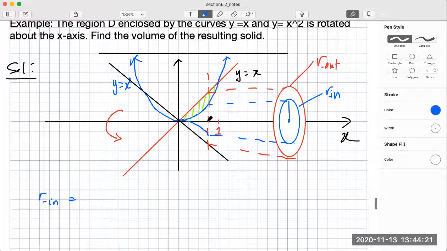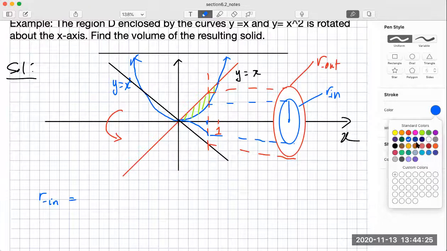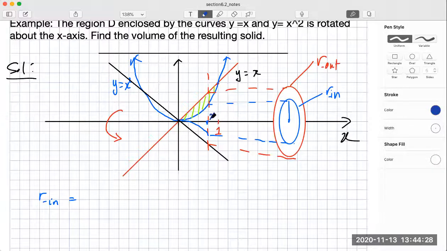If we are given the point x0 right here, R in will be the distance from this point x0 to this point, okay? Which means we need to find this distance.